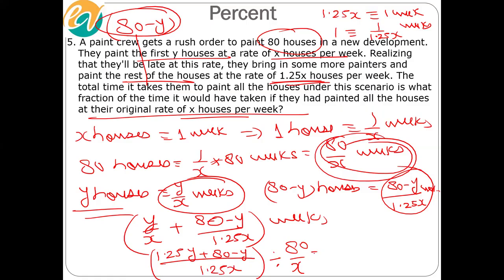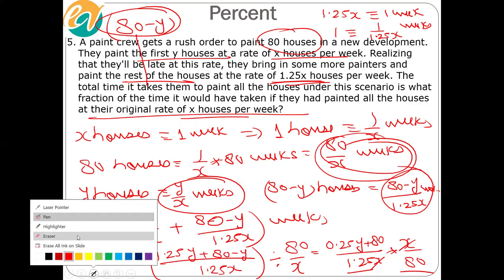Which would be 0.25y plus 80 upon 1.25x into x by 80. So notice x and x will get cancelled. And by the way, 1.25 into 80 is 100, right?